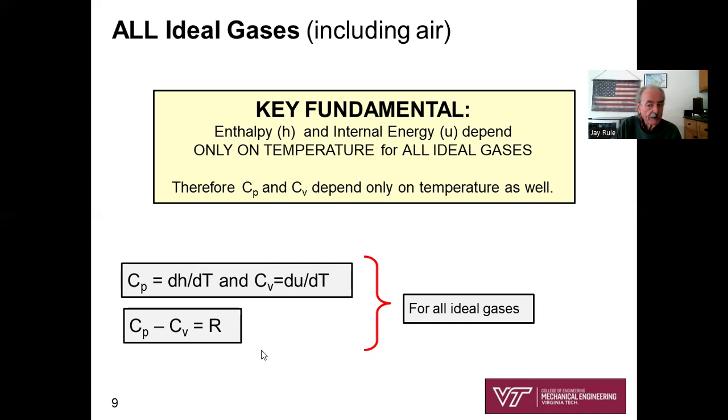Another thing you know by heart is that whether Cp and Cv are variable or constant, when you subtract Cv from Cp, Cp minus Cv always equals R, which is a constant. It's another neat outcropping for any ideal gas, including air.